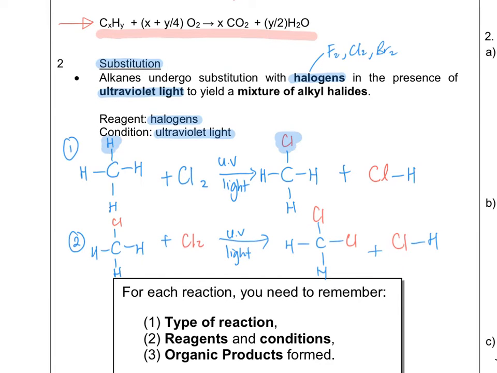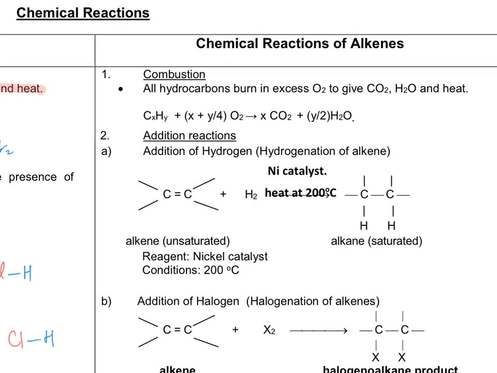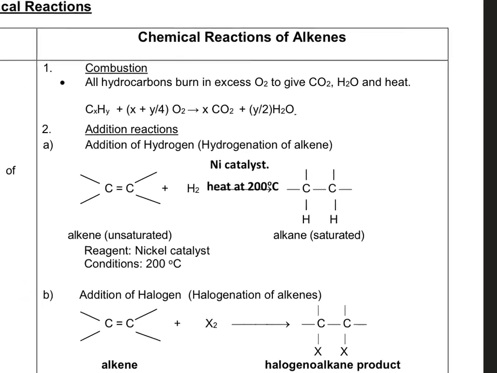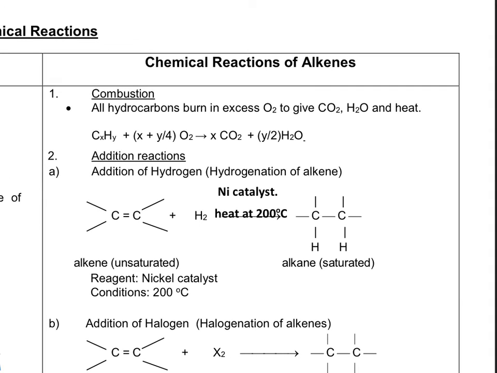Now let's move on to alkenes. Alkenes have a lot more reactions, and the reason is because of the presence of the carbon-carbon double bond. The first reaction, combustion, is the same as what we saw in alkanes. All the hydrocarbons are burned in excess oxygen to give carbon dioxide and water.